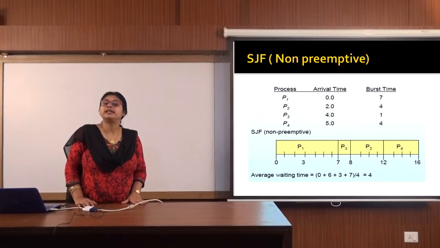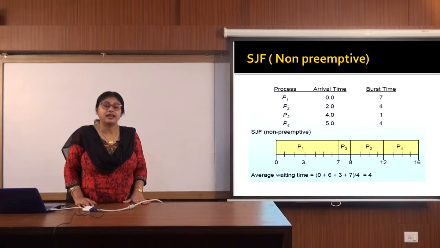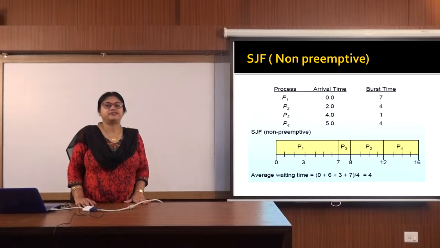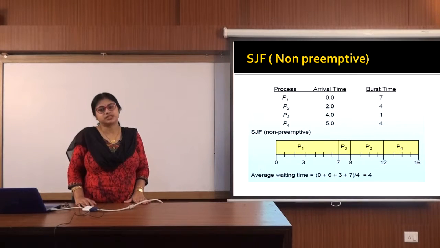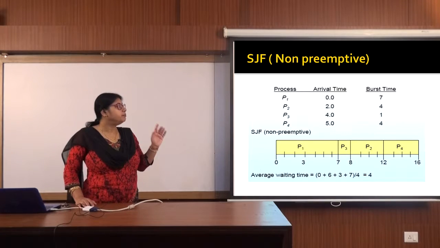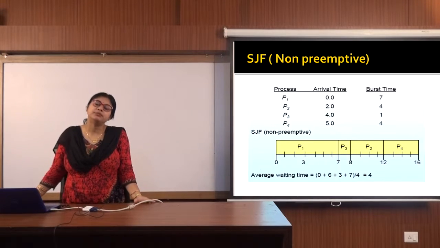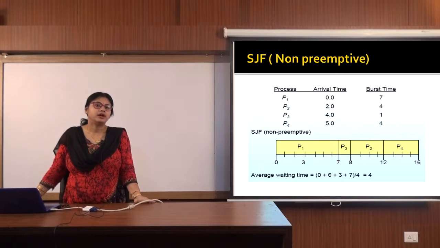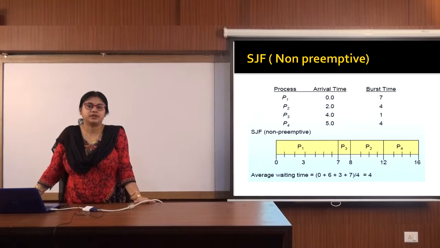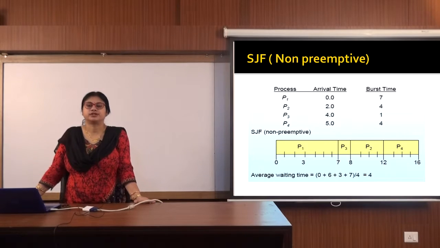I have told you that if there is a tie, then I have to follow FCFS, first come first serve, type of scheduling algorithm. Out of P2 and P4, P2 arrived at 2 milliseconds and P4 arrived at 5 milliseconds. That means P2 comes first.